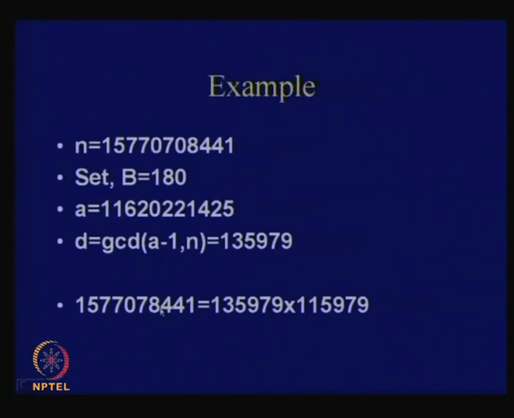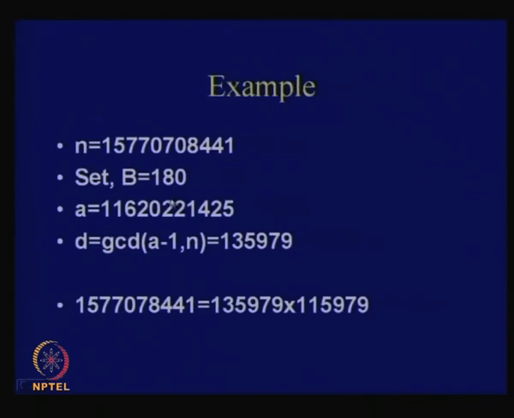So this technique relies largely on whether the bound 180 is properly chosen or not. If this bound is large, then the algorithm is guaranteed to succeed, okay. But if this value of b is smaller than the actual value, then the algorithm will fail.